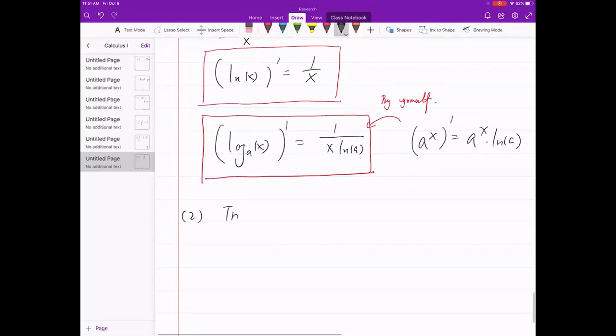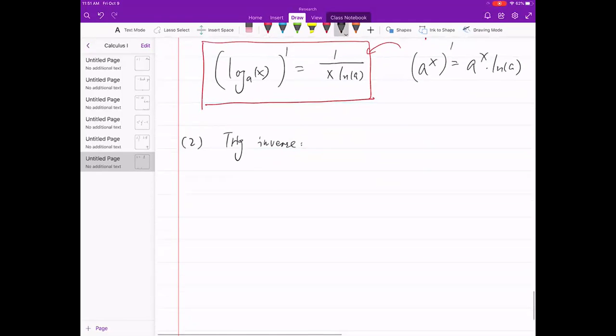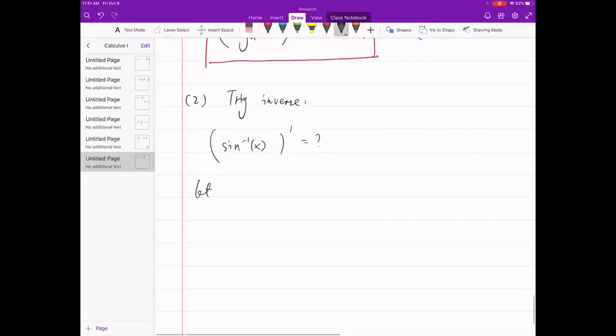Second, trig. Trig inverse, actually. Okay, same trick. Well, let y equal sine inverse x. We want y prime.